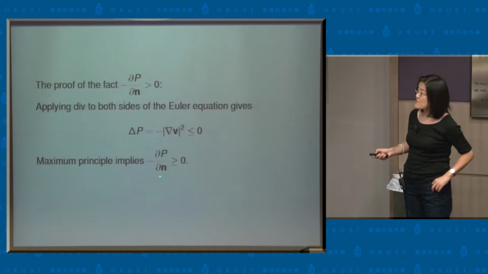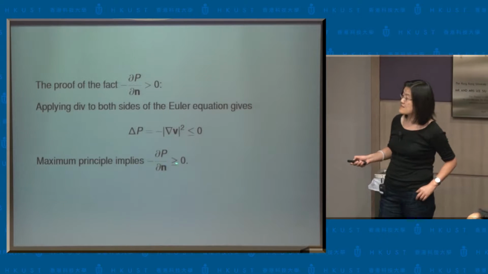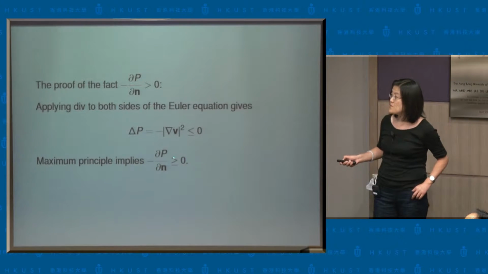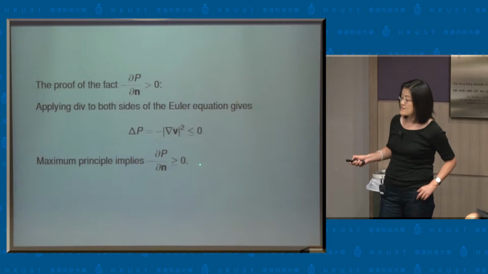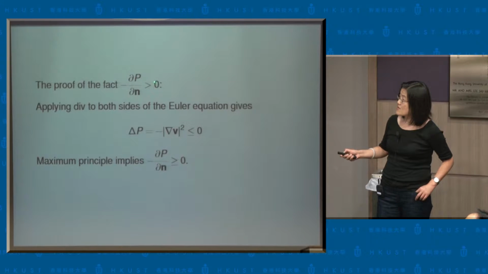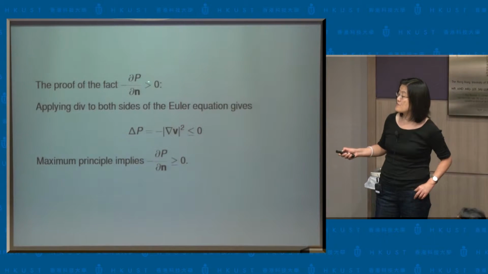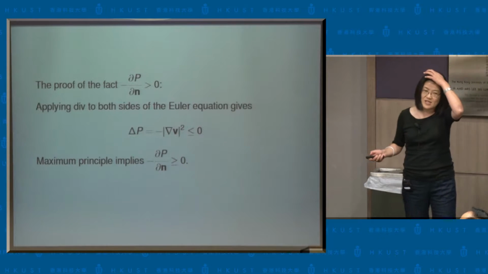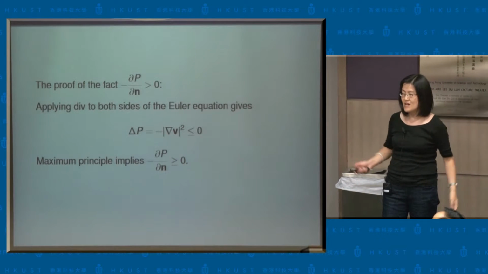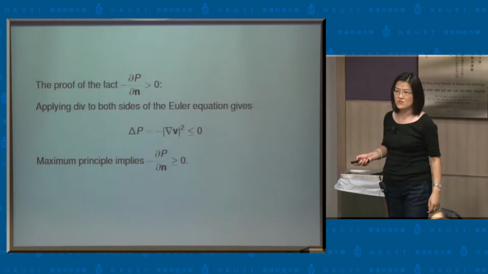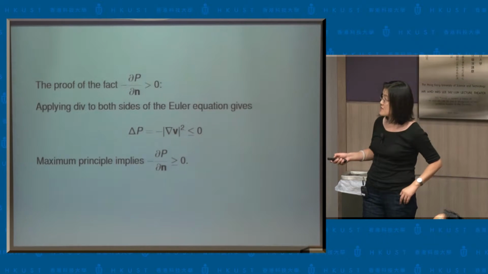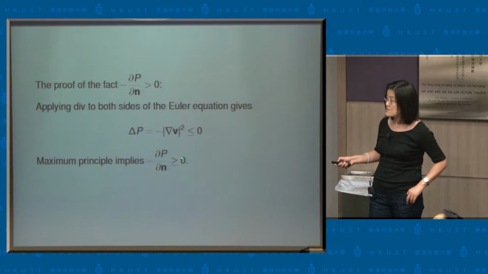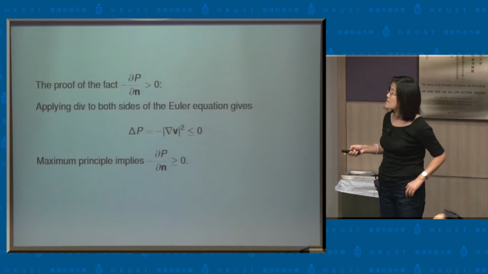The basic idea is using the maximum principle, but in order to prove a strict positive lower bound, we have to take advantage of the gravity, and also put appropriate assumptions on P at infinity. This has to be done, otherwise the solution is artificial. With reasonable assumptions on pressure at infinity, you can show this is strictly positive.